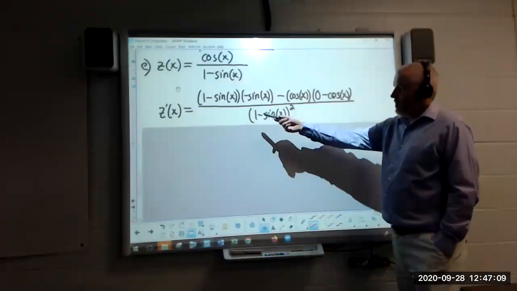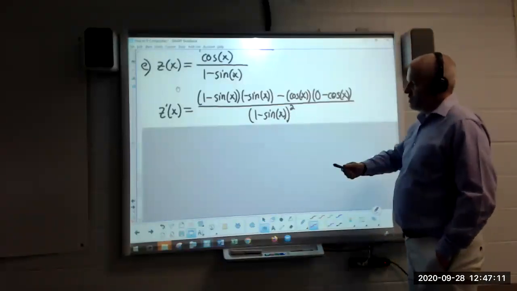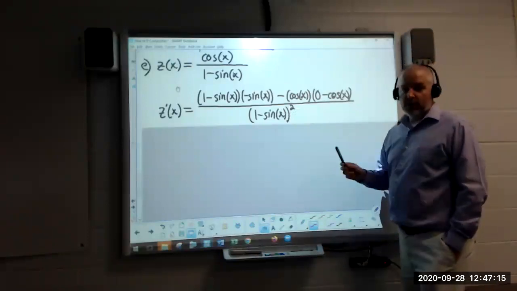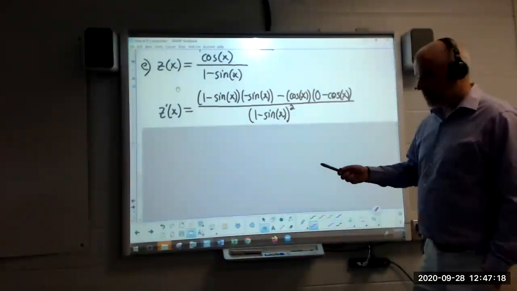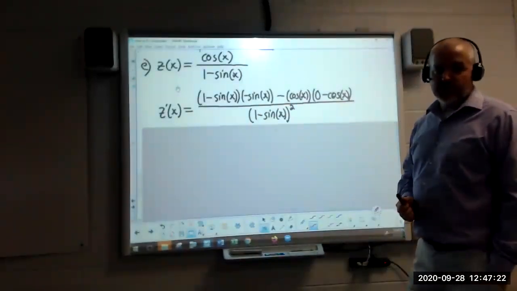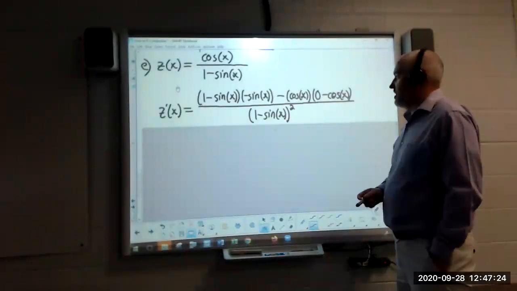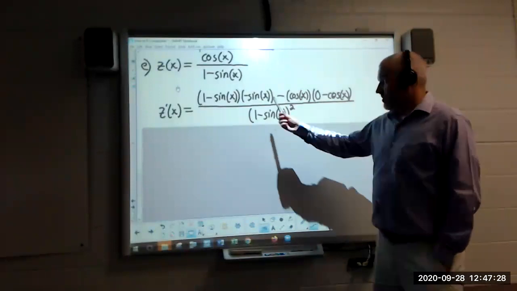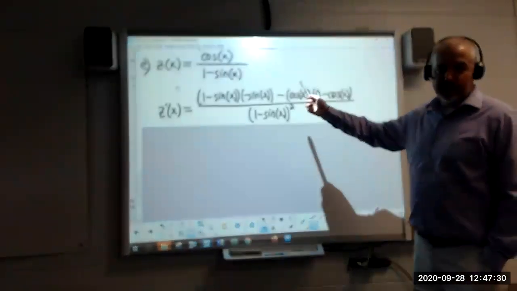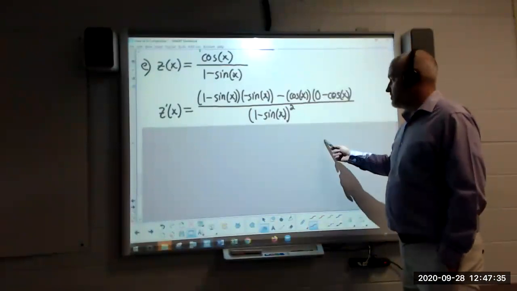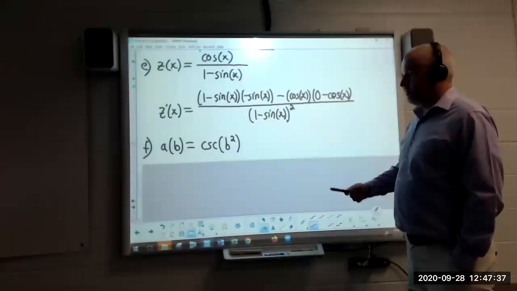And then we have 1 minus sine of x quantity squared, which please remember is not equal to 1 minus sine squared of x. You get 4 terms from distributing this, and then 2 of those terms combined, so you get 3 terms. Anyway, depending on the calculus you were doing, this right here would be a perfectly acceptable answer. It's also fine if you do a little bit of simplification, which I did none of.